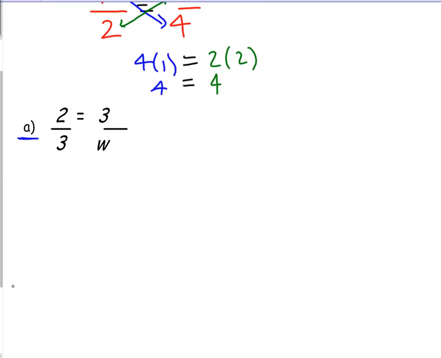Let's use the cross product property to solve this proportion. We multiply diagonally like this. We multiply 2 and W, and we multiply 3 and 3. Now we can rewrite this proportion as 2W is equal to 3 times 3.